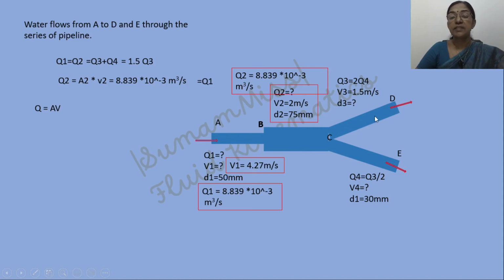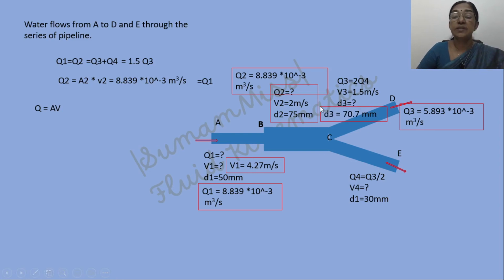And for the pipe segment CD, it is given that Q2 is equal to 1.5 Q3. So Q2 is known, and Q3 can be calculated as 5.893 into 10 raised to minus 3 meter cube per second. The discharge is known and velocity is available, so we can calculate the area of cross section as A3 equal to Q3 by V3, from which we can calculate D3.